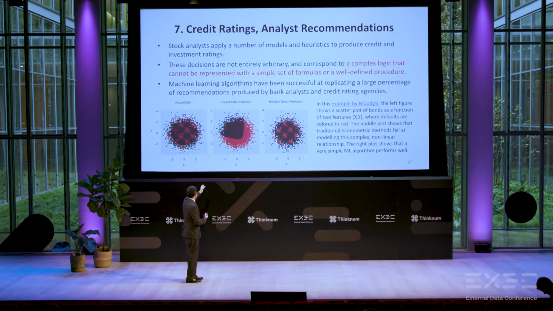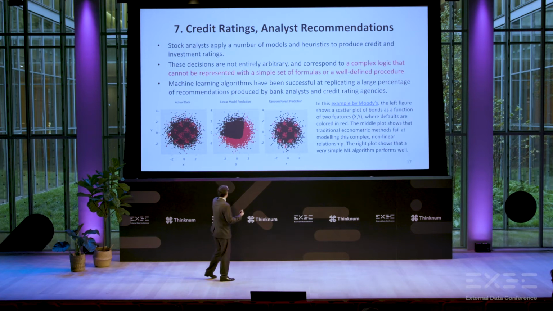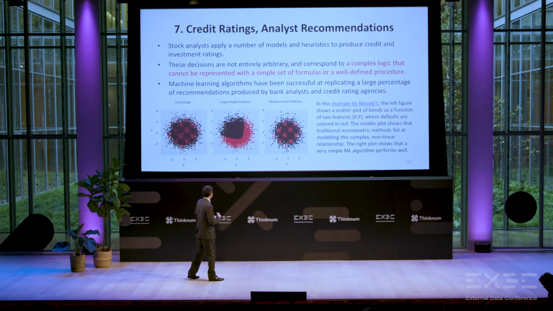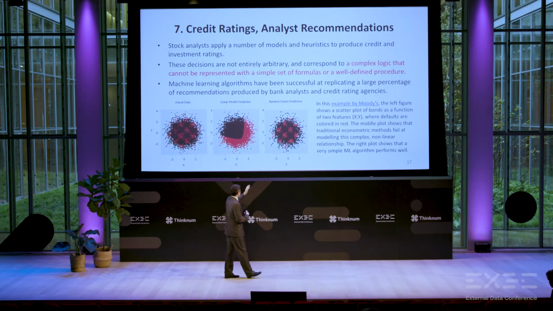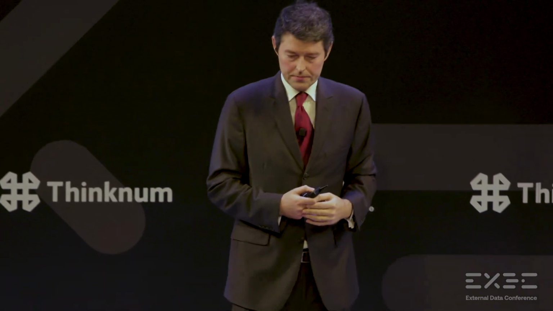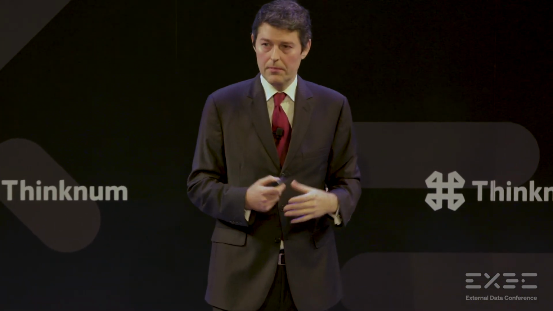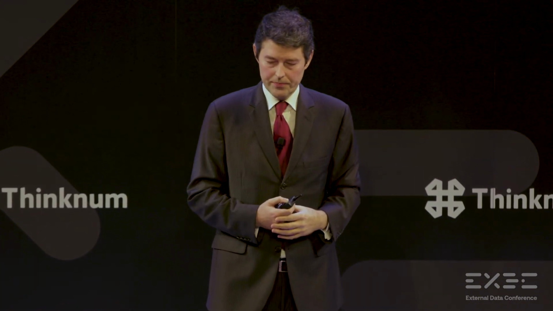As you can see, essentially this is applying a nonlinear fit where essentially 50% of the bonds that defaulted are classified as non-defaulting, and there is no similarity between this plot on the left and this plot in the middle. And this is a result of applying a random forest. As you can see, the pattern that emerges is very similar.